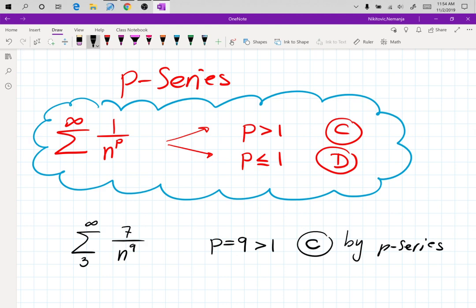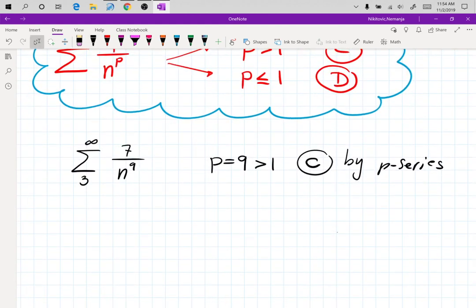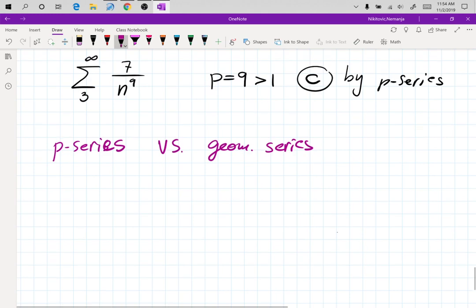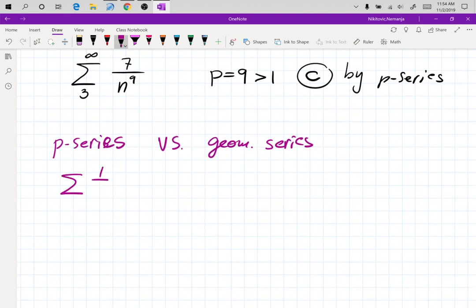Now, I don't want to clutter this here because I'm going back to integral test now. Actually, no, I want to clutter this. I'll do it in purple. P series versus geometric series. P series 1 over n squared, geometric 1 over 2 to the n.